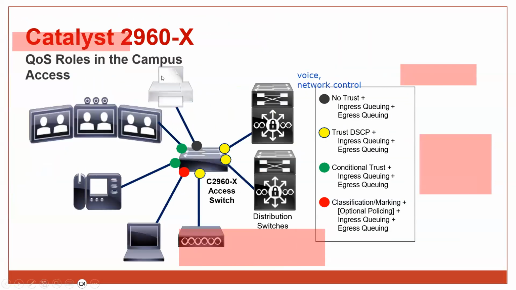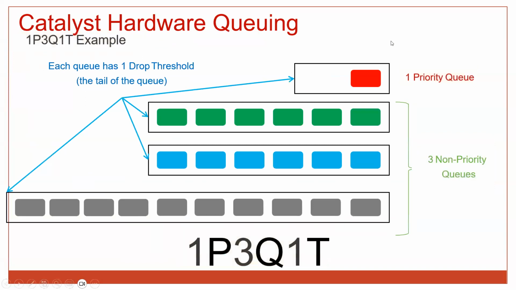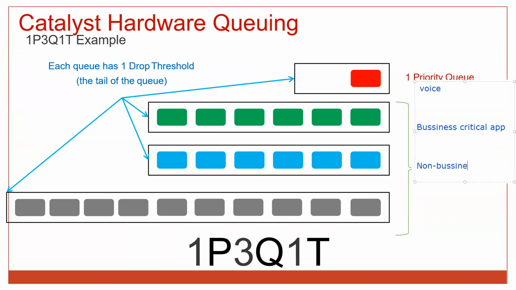So suppose you have 4 queues, then as per your DSCP marking, as per your classification, here you are putting the voice traffic, for example. Then you are putting business critical application, and then you are putting some maybe non-business, but these are still important traffic.